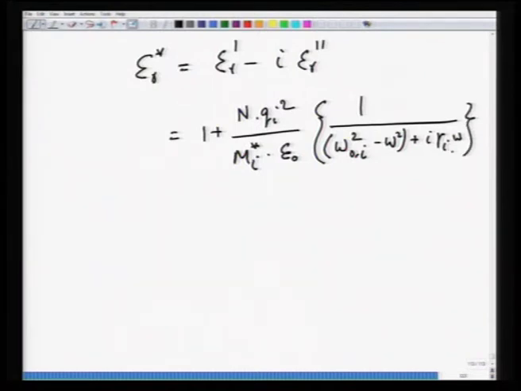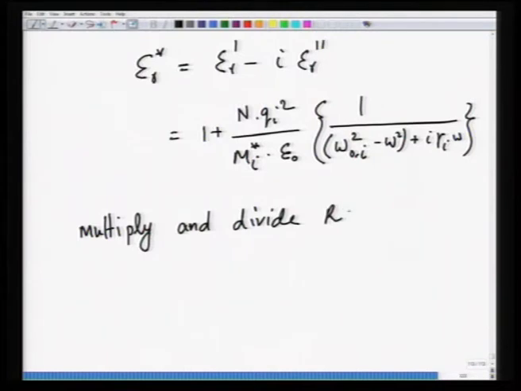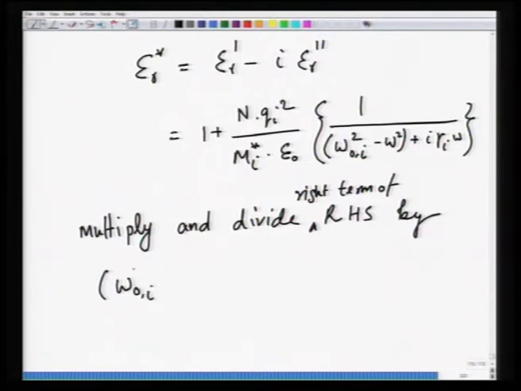So, what you do is that you multiply the right term of the right hand side by omega naught I square minus omega square minus I gamma I omega. So, you can see why we are doing it. We are doing it so that we are able to separate the terms.